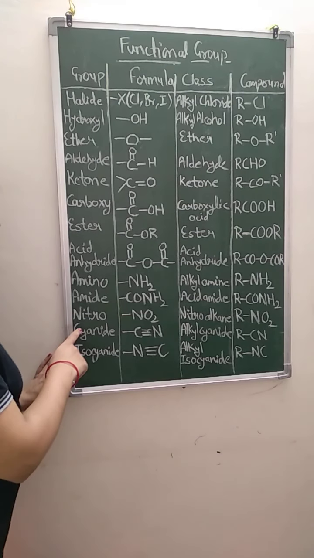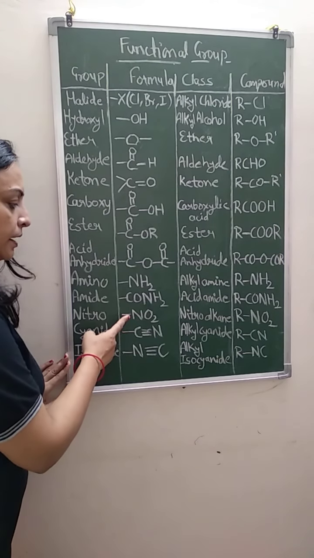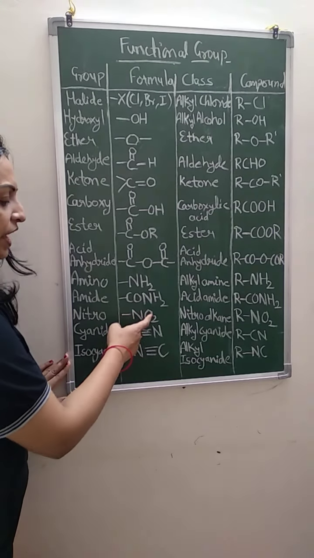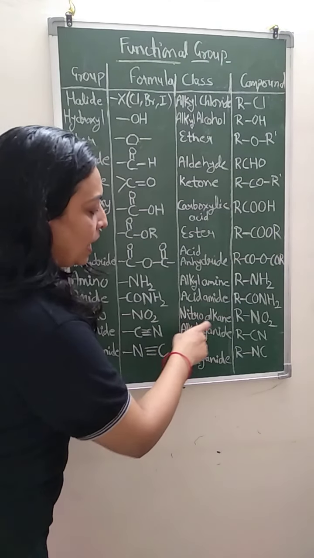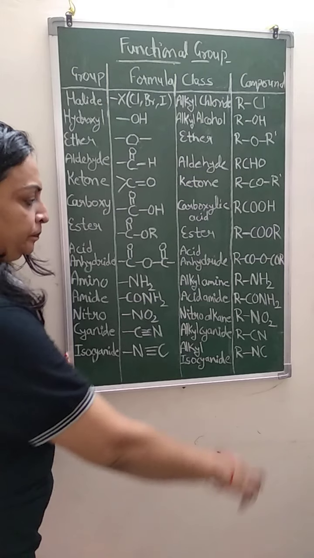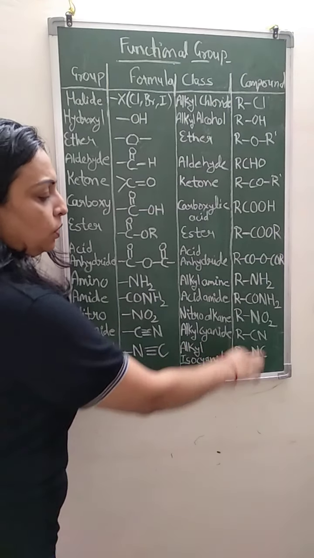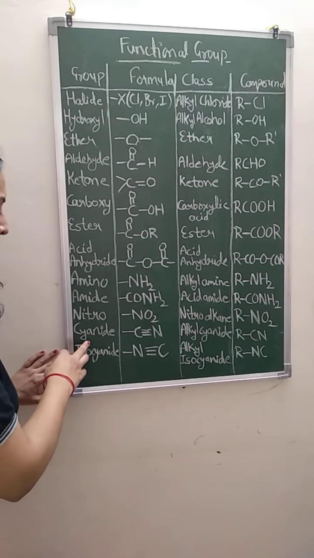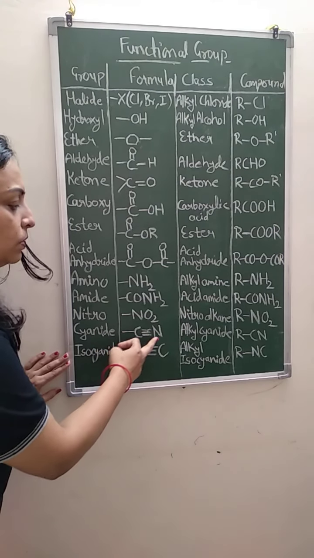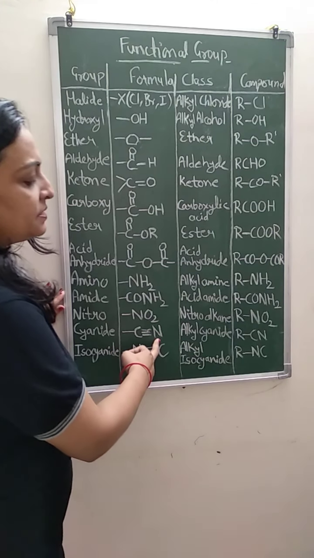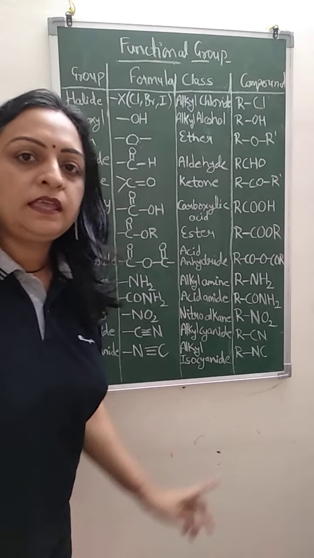Okay. Now again nitro. The functional group is the nitro group. It is represented by a bond and NO2. With this vacant position it attaches to the radical. The name is nitroalkane. The representation is RNO2. Clear? RNO2. Next is cyanide. Cyanide is represented by a vacant position, C triple bond N. The name is alkyl cyanide and it is represented by RCN.